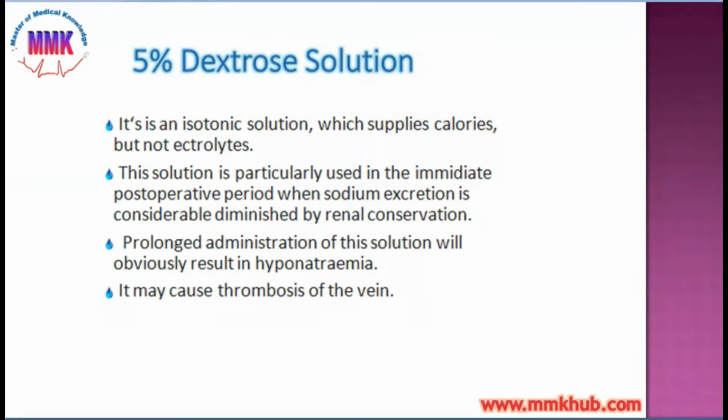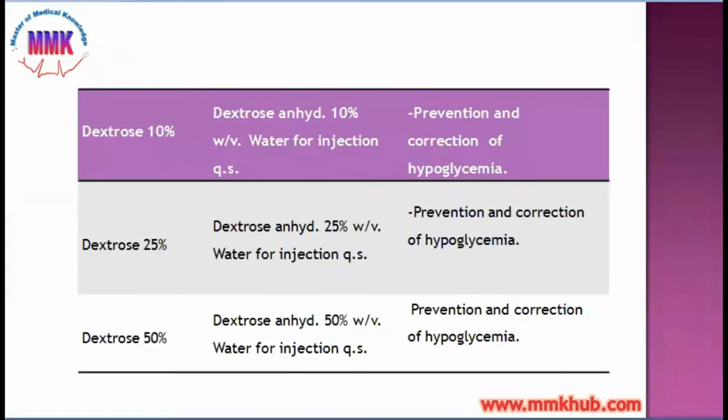But if we give this 5% solution for a prolonged period, it may lead to hyponatremia because it is deficient in the electrolytes. There are some other formulations of dextrose available, for example, dextrose 10%, which is usually used for the prevention and correction of hypoglycemia, and dextrose 25%, which is also used for hypoglycemia, and dextrose 50%, which is also used for hypoglycemia.